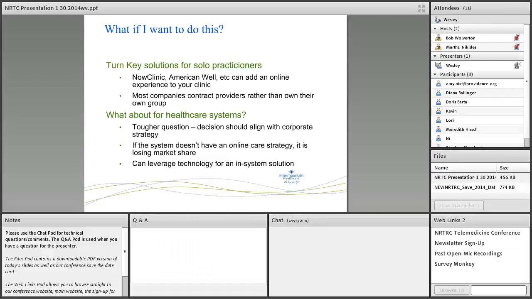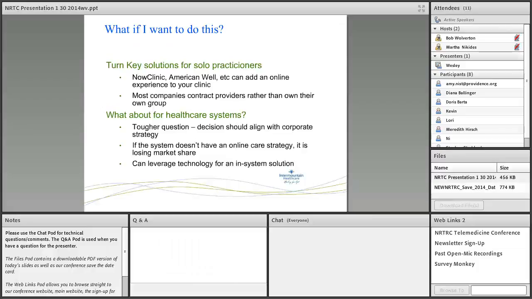Larger healthcare systems want to hold those per member per month contracts themselves, and if that's true, then they pursue a strategy to do it independent of some of these other companies. So it really depends on what your situation is, how much capacity you have, and how you want to enter the market.